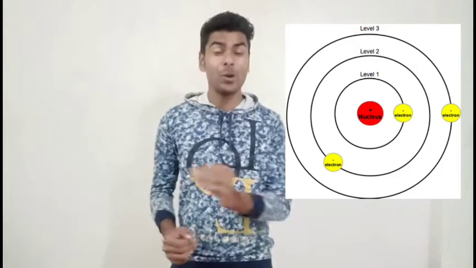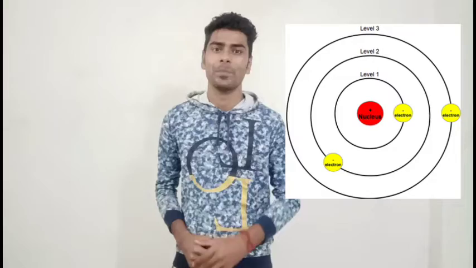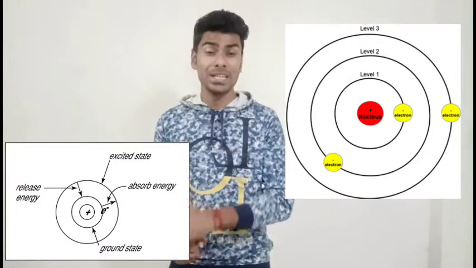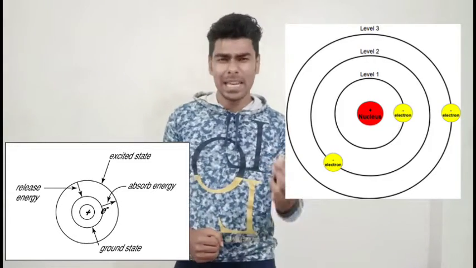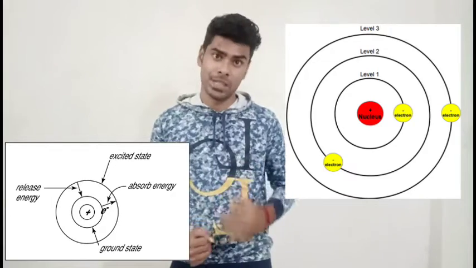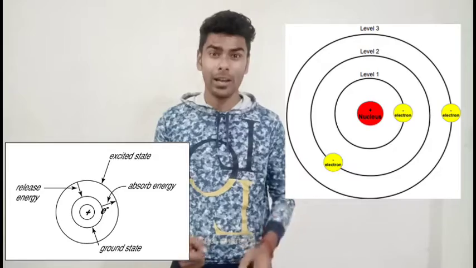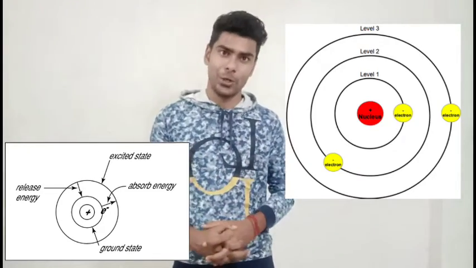An electron does not gain or lose any energy as long as it is in a fixed orbit. If it gains any energy, it goes to a higher energy level orbit. If it loses any energy, it goes to a lower energy level orbit. So this model explained the stability of the atom.